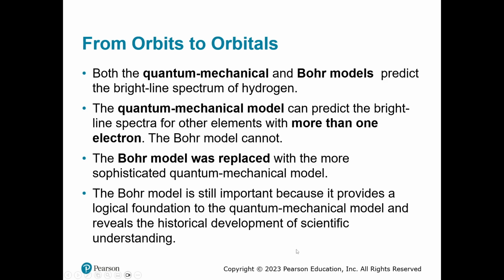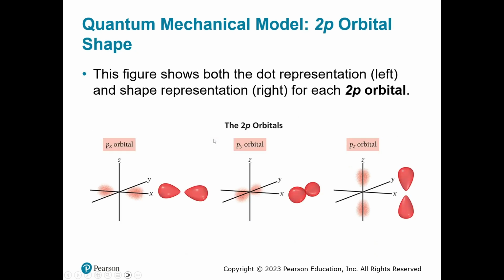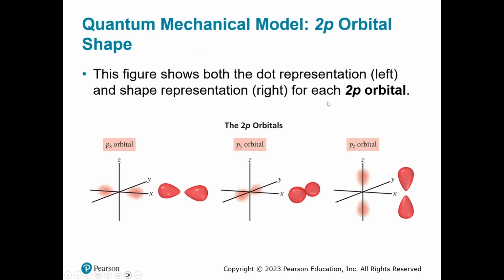However, every orbital in the quantum mechanical model can only take 2 electrons. That's why we get more and more orbitals every time we increase the size of the periodic table. When we just have the s orbitals in the first valence level, we can put 2 electrons in here. We only have 2 elements. Once we get to the p orbitals, the second row of the periodic table, we have 8 elements, so we need 8 electrons.